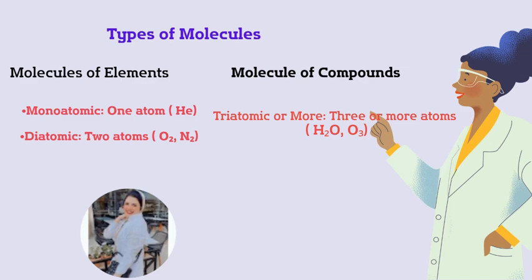Nitrogen, N2, one nitrogen atom chemically bonded with another nitrogen atom to form a nitrogen molecule. Okay. Molecules of compounds are triatomic or more: three or more atoms bonded together, as I said before, like water, to form a molecule. Okay.